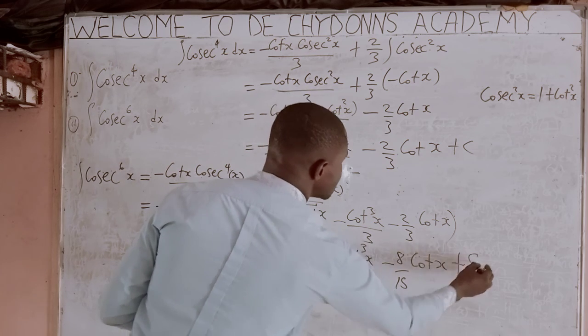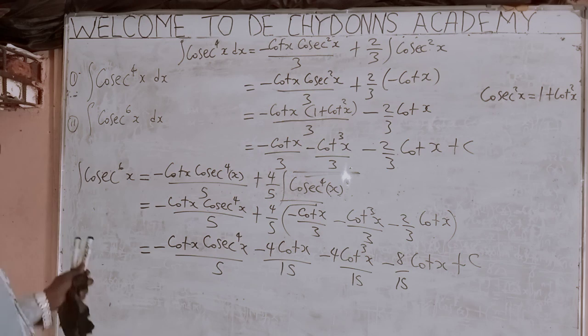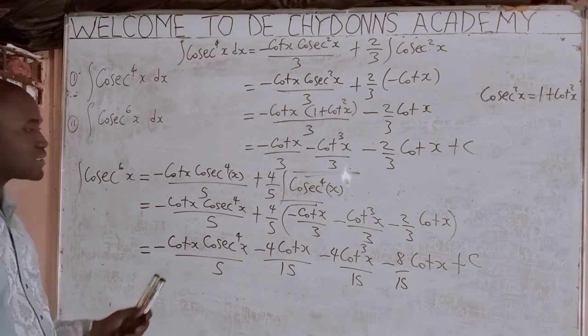Then you say plus c. So that is the final answer to integration of cosec raised to power 6 x.